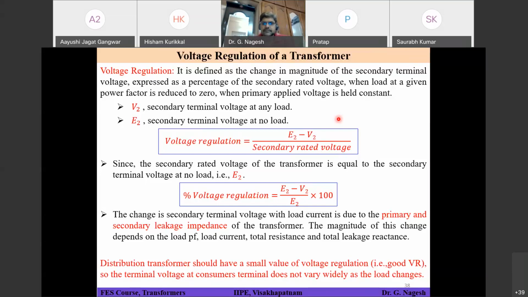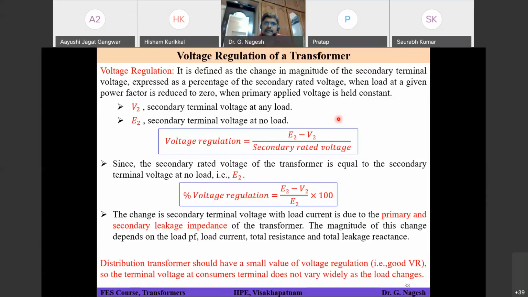So some amount of voltage drop will be there in the line, that means external to the transformer, from the secondary of the transformer to your house, to the house energy meter. So that is called drop due to distribution line.